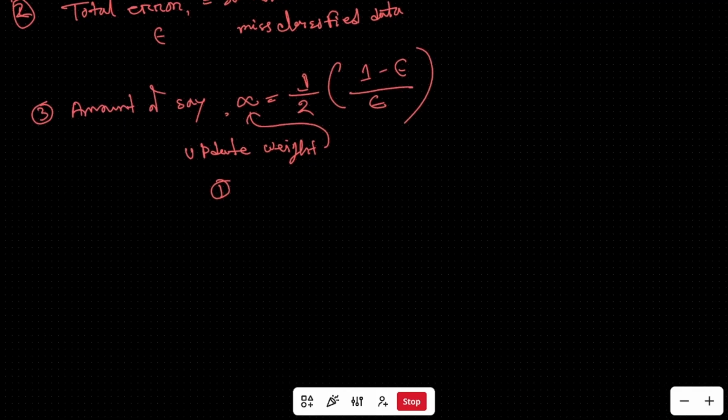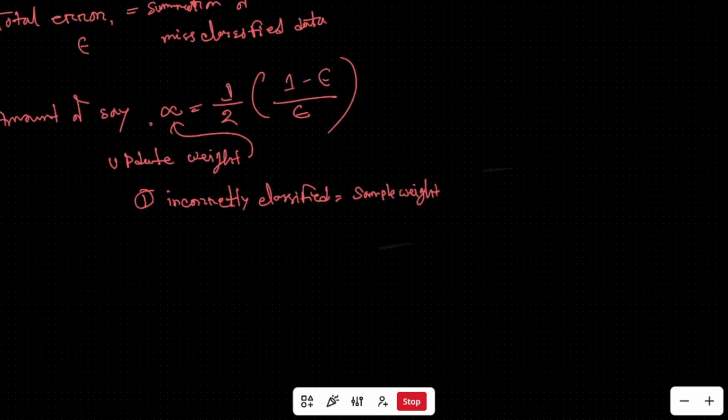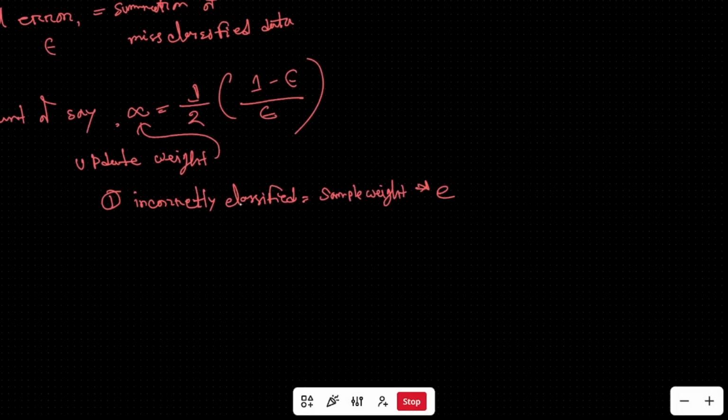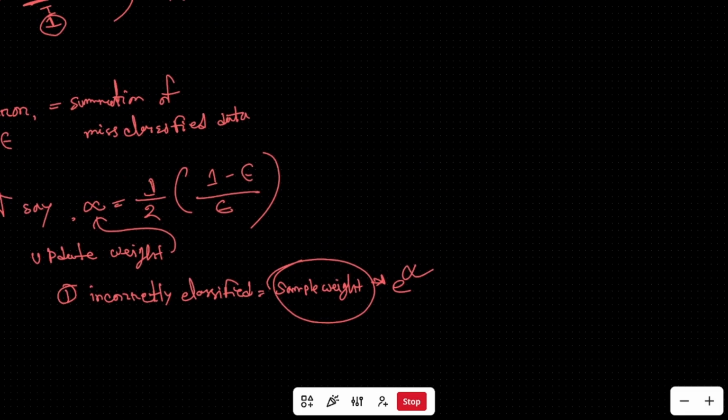For incorrectly classified data, we use sample weight times e to the power alpha. Sample weight means 1 divided by the total number of rows.